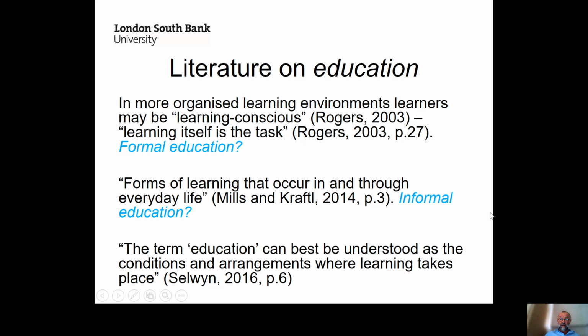And finally, we've got that definition from Selwyn, the idea that education can be best understood as the conditions and arrangements where learning takes place. So Selwyn's kind of rounding up that whole thing and giving us quite a broad-based definition of what education might be. So again, ask yourself, to what extent do these words, this language, relate to your own understanding of the meaning of education?